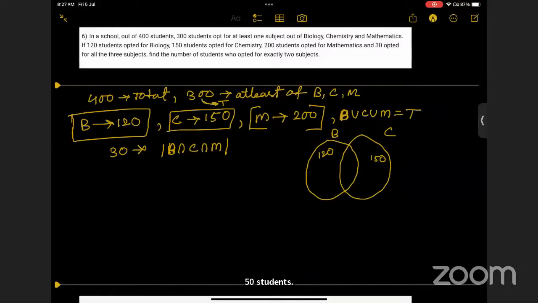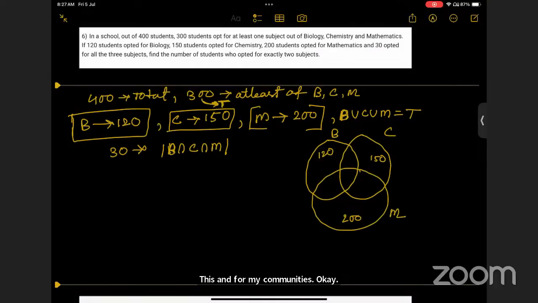This is our T set. And this M for mathematics, okay? So we have to find the number of students who opted for exactly two subjects.